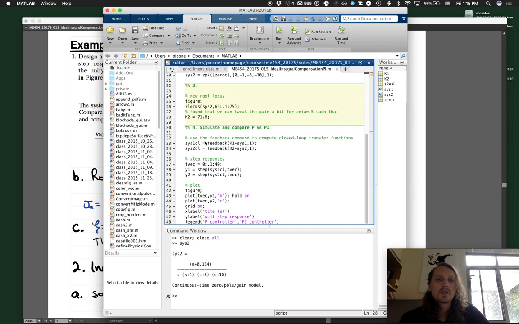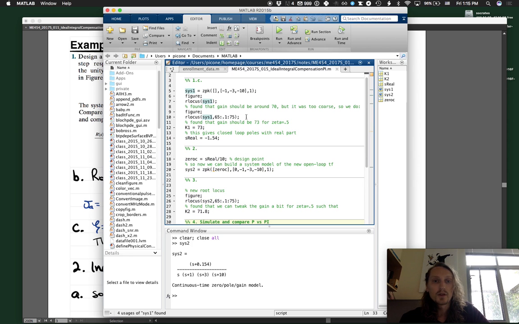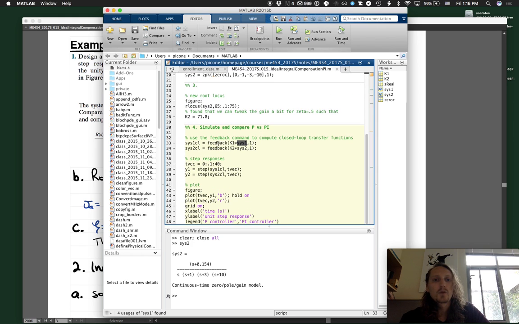Our original feedback control was just based off of sys1, which was our proportional controller with a gain of 73. We're going to use this MATLAB command feedback in order to calculate the closed loop transfer function with this sys1 system in there and k1 as the gain.